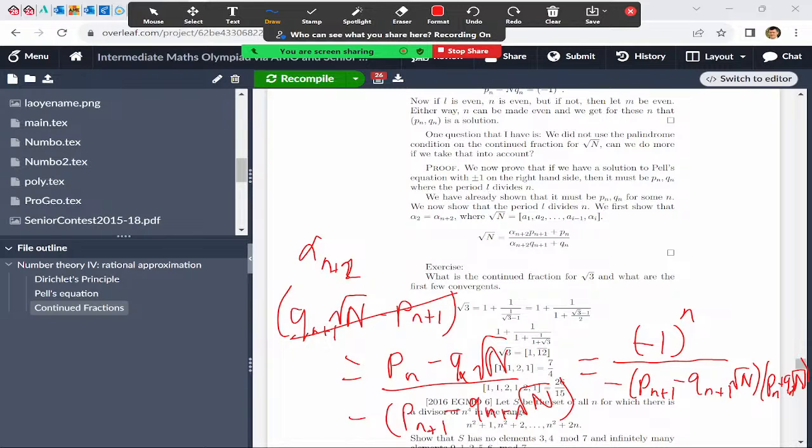I think we get something very... so you get a pn plus 1 qn minus qn plus 1 pn, right? So that's like a minus, so pn plus 1 minus qn plus 1 n, and then the other one is plus minus 1 to the n plus 1 root n. Okay.